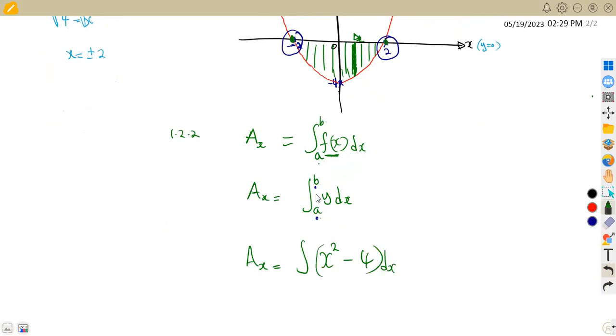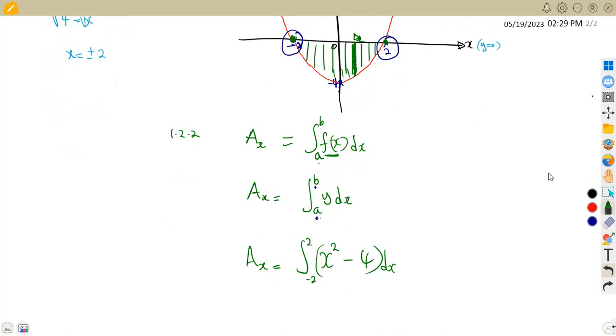And the limits a and b, the lower limit is -2 in the x-axis, upper limit is +2. So you are back to your normal integration, where you are given limits. You have to integrate, then you substitute the limits.